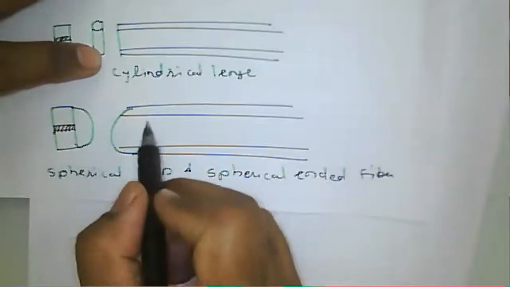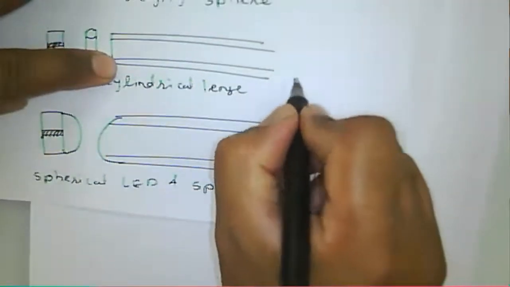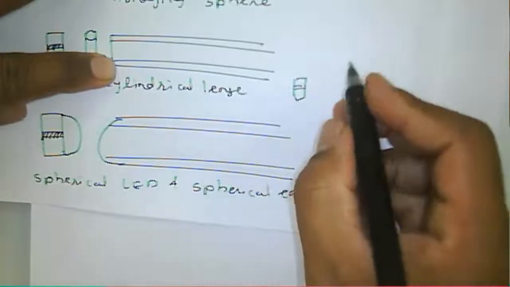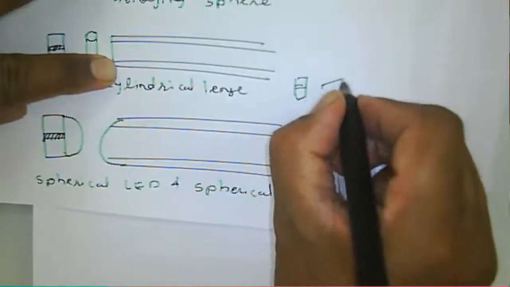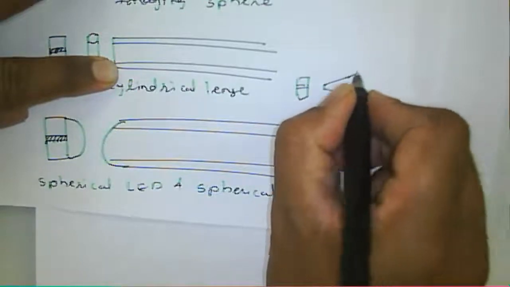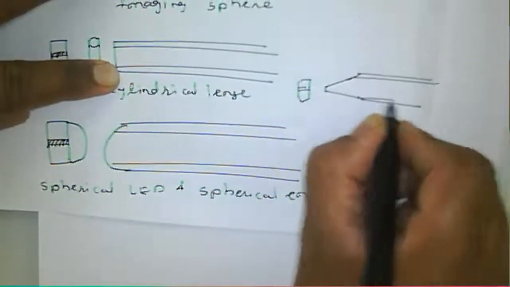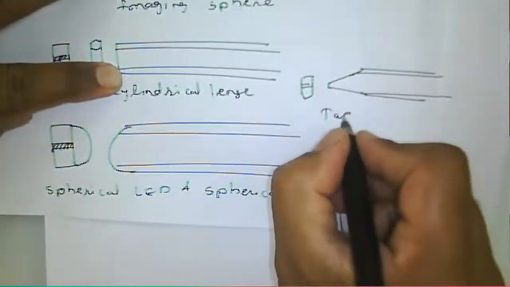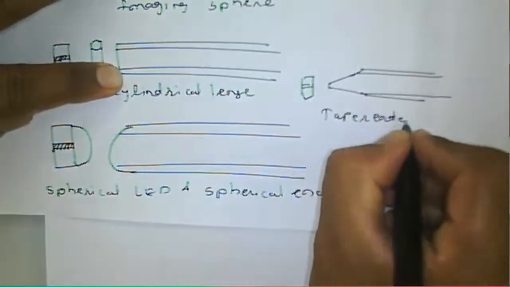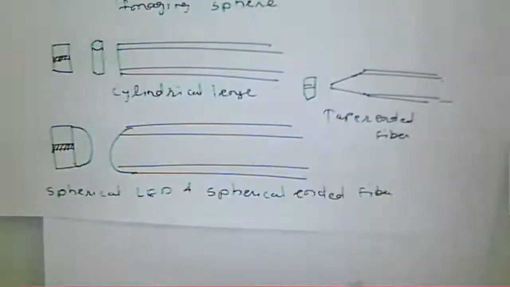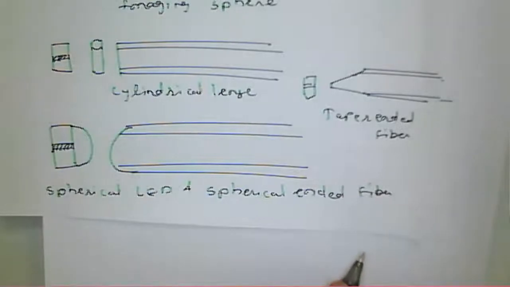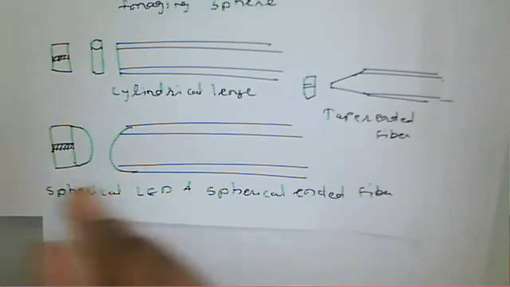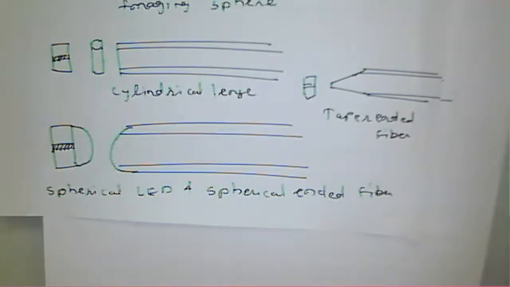Or we can have a taper end, active region, core, and cladding. It's a taper end. So we can use various techniques or lensing schemes to improve the optical power so that maximum power will be coupled inside the fiber.